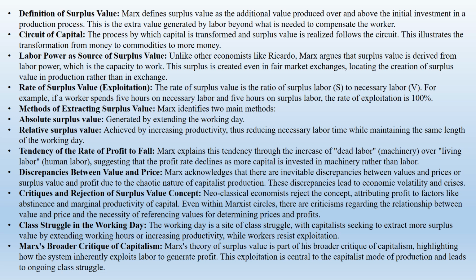This can be done through increasing productivity, making workers more efficient, or replacing some labor with machinery. Marx uses the increase of dead labor over living labor to explain his theory of the tendency of the rate of profit to fall. The working day becomes a battleground for class struggle, with capitalists seeking to extract more surplus value from workers.